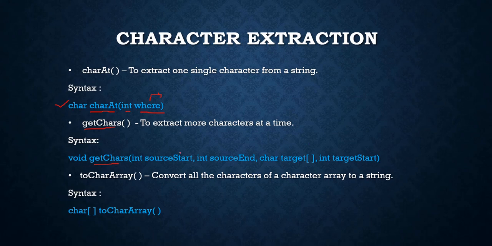Start and end are the points from where the characters should be extracted, and the extracted characters are stored in a character array called target. The targetStart represents the index value of the target to which the extracted substring needs to be copied.